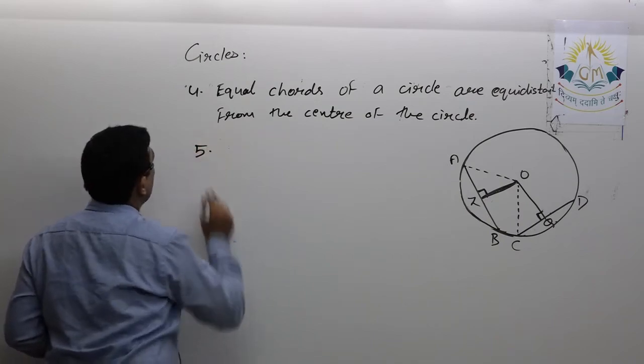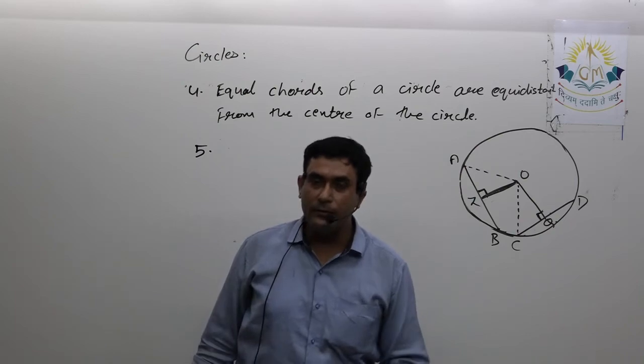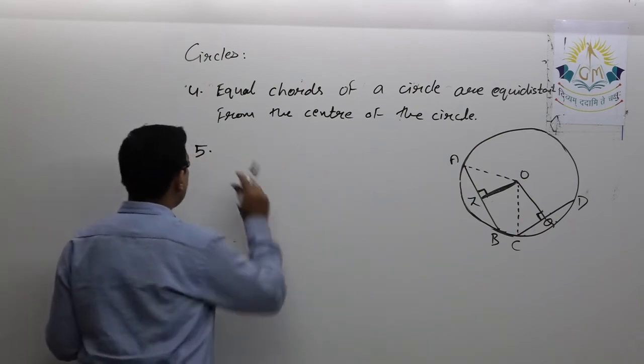Now next, its converse. That means if it is given the chords are at equal distance, they must be equal in length.